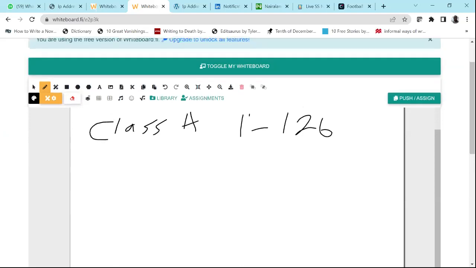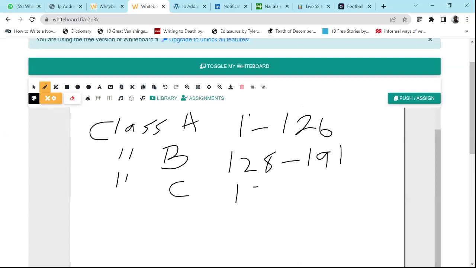So in the first octet, if you see IPs 1 to 126, that means that's your class A. And then we had class B. Class B was 128 to 191. It's very important you understand this. Then class C was your 192 to 223. These are the major classes we use.